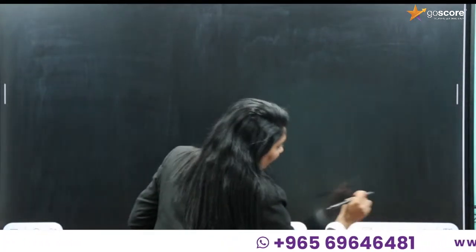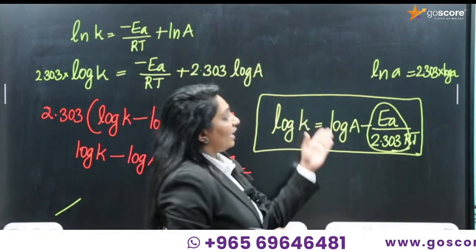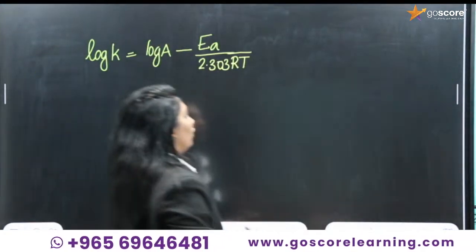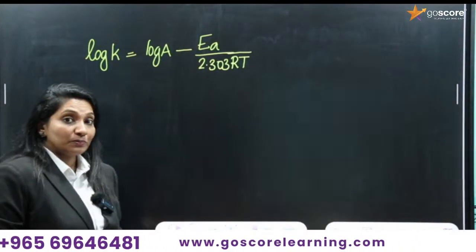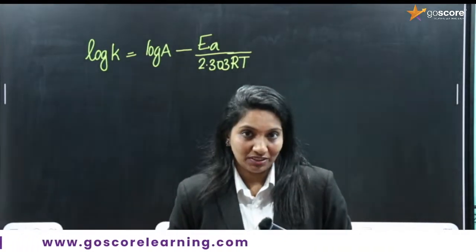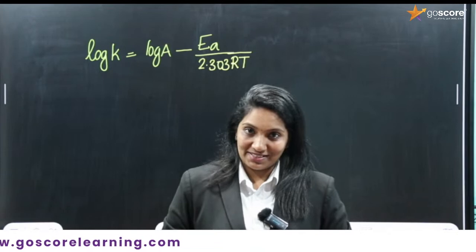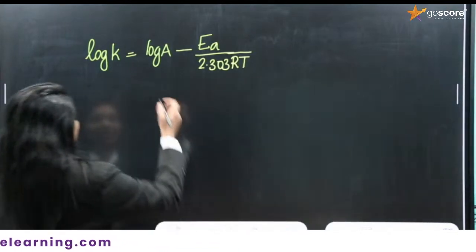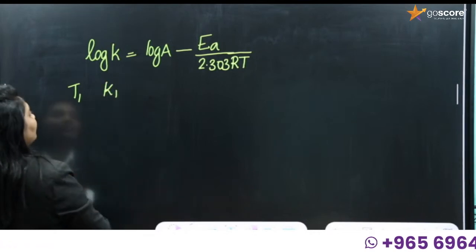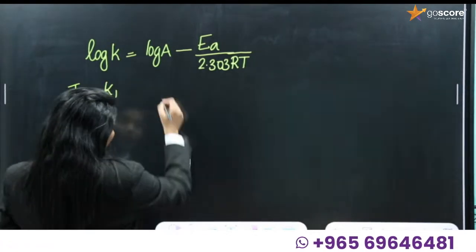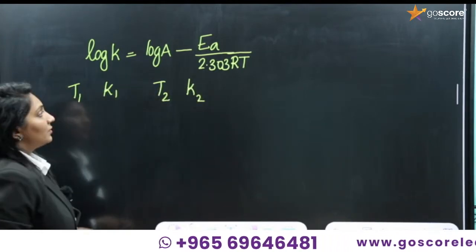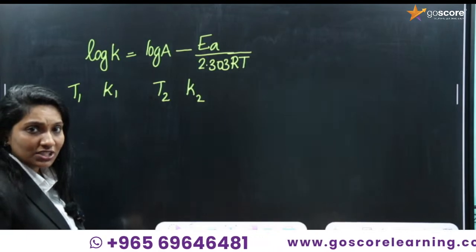This is the equation we got here. Now, if the reaction is taking place at two temperatures and we are getting two rate constants, okay? The rate constant for the first temperature T1 is K1, and for the temperature T2, the rate constant is K2. Just substitute those values in the equation, and see what we will get.